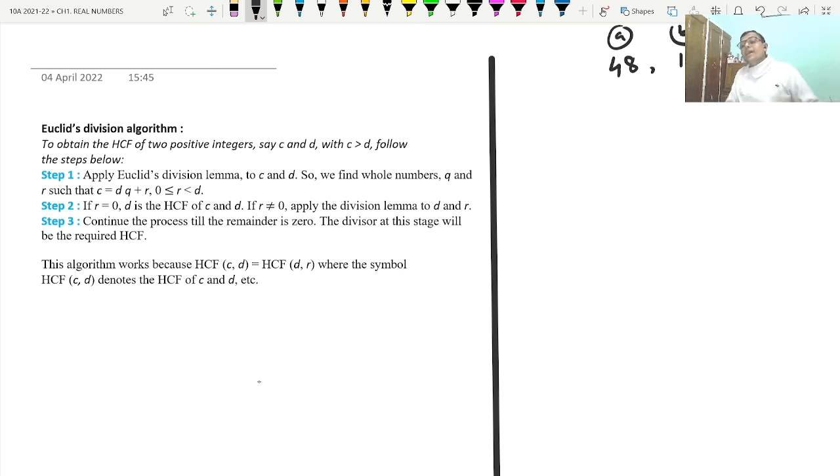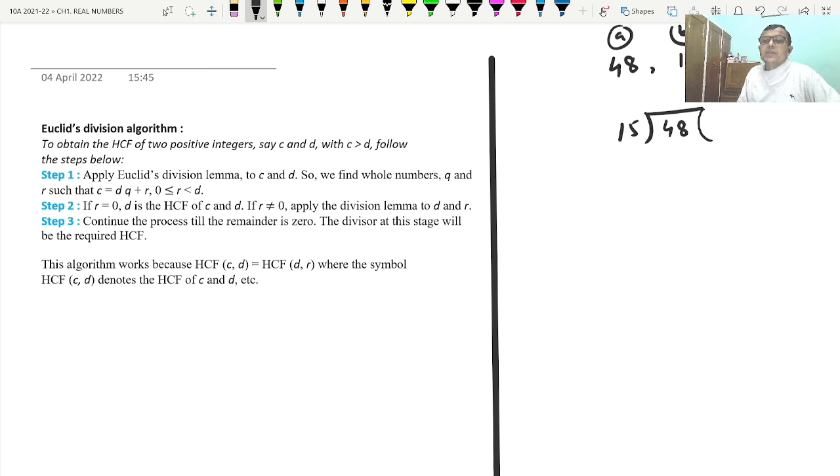Now, in class 4, we have got a repeated division method of finding HCF. First, you divide the bigger number, 48, by the smaller number. If you remember this method from class 4. If not, you see how we did. Quotient you write on the right.